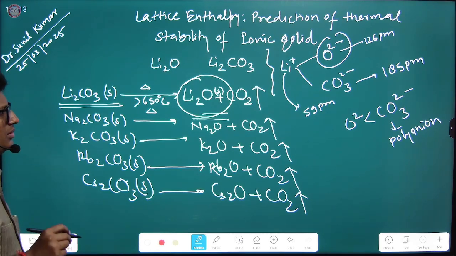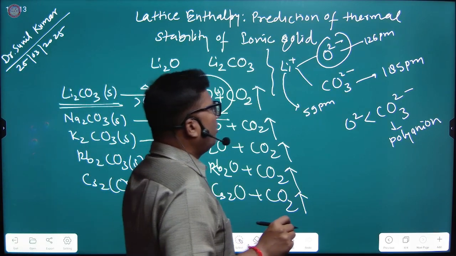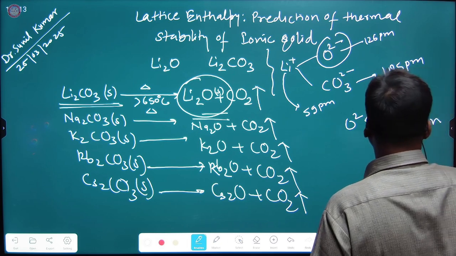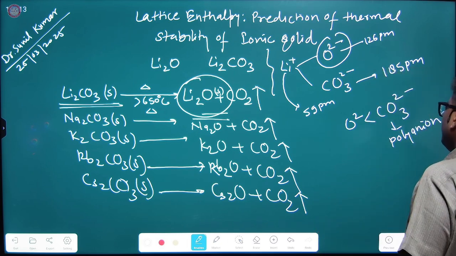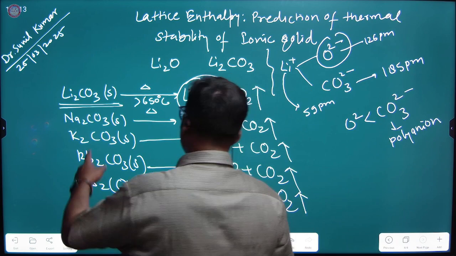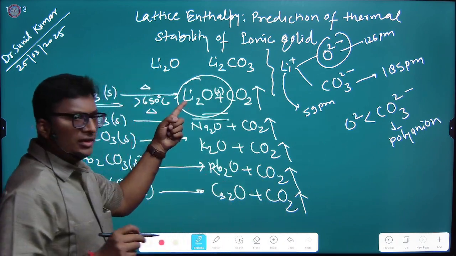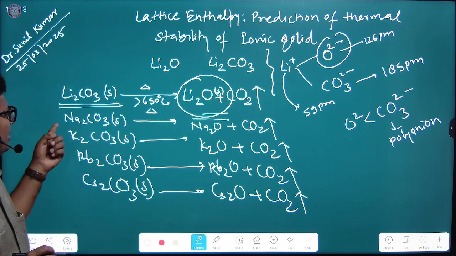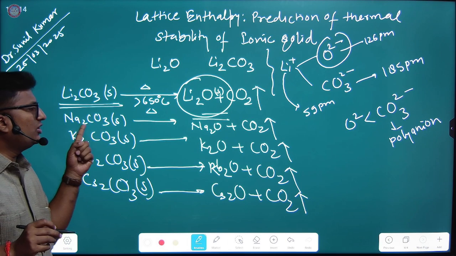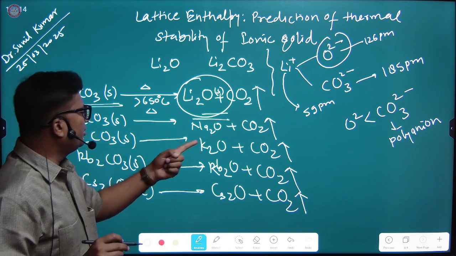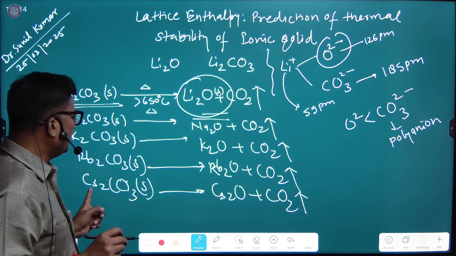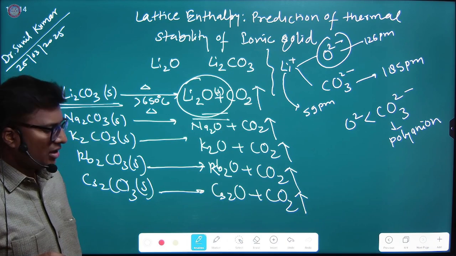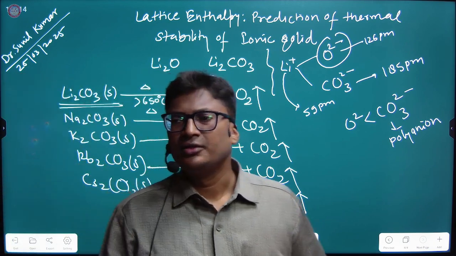From the Kapustinskii equation, we can theoretically determine the lattice enthalpy of lithium carbonate and lithium oxide, and similarly we can calculate for sodium carbonate and sodium oxide, and similarly for cesium carbonate and cesium oxide.